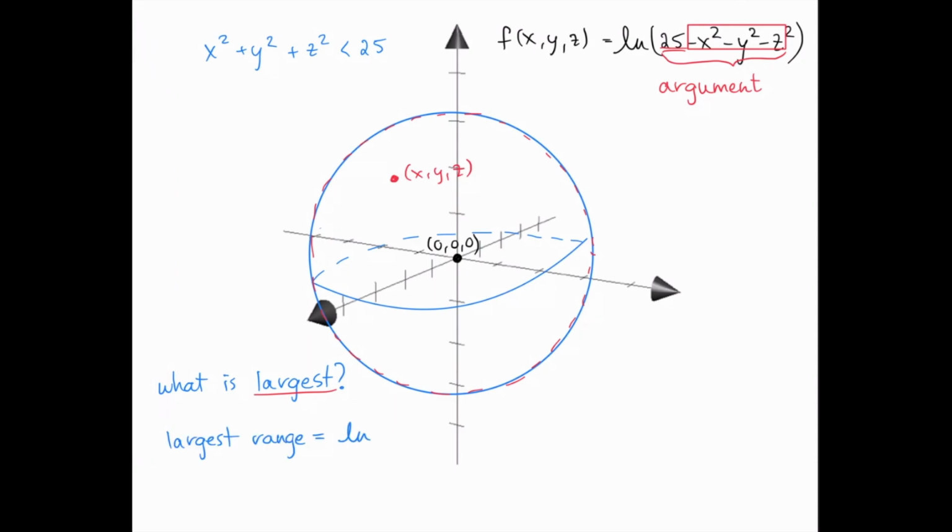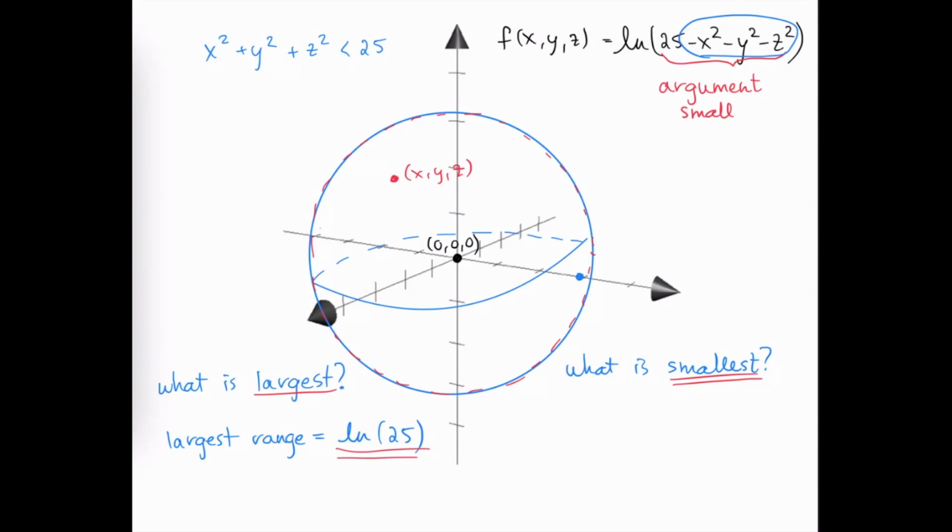We get the largest range when we're not subtracting anything from that argument, and our largest range element is the ln of 25. We get the smallest range element when this argument is as small as possible. When we are as small as possible inside here, it's because we're subtracting as much as possible from the 25. And that's going to happen near but not on the outer shell.